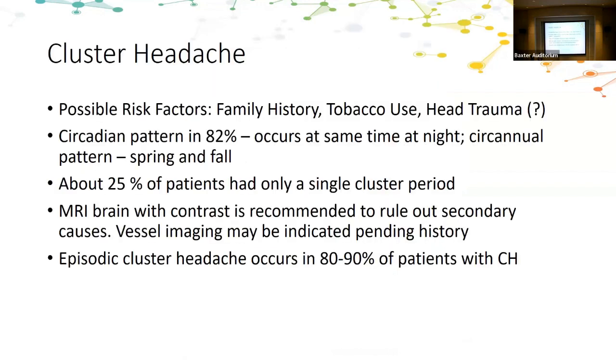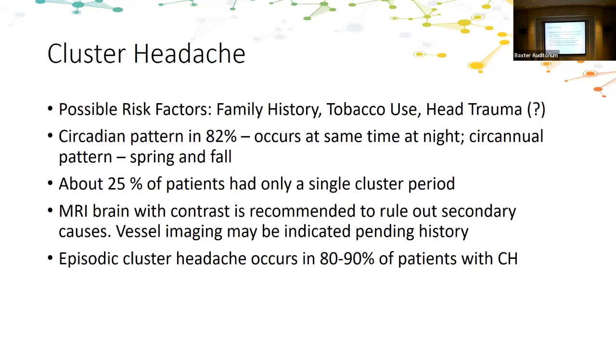So risk factors, these are kind of debated. There's a family history in 5 to 20% of patients, which isn't nothing. I can't say I've seen that, but honestly, I haven't seen a ton of these patients. But there is a subset of patients, 5%, it's estimated, that actually have autosomal dominant cluster headache.